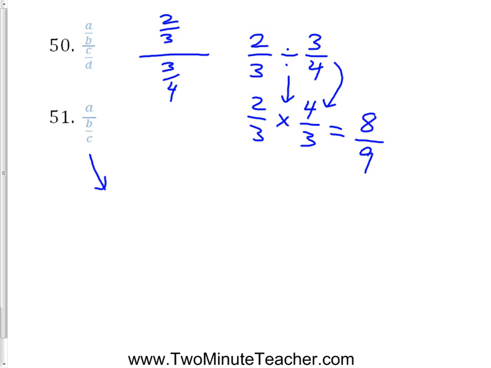This one, remember how I said that fractions get along better with other fractions? Well, basically, I've got a whole number on top, and I've got a fraction on the bottom.